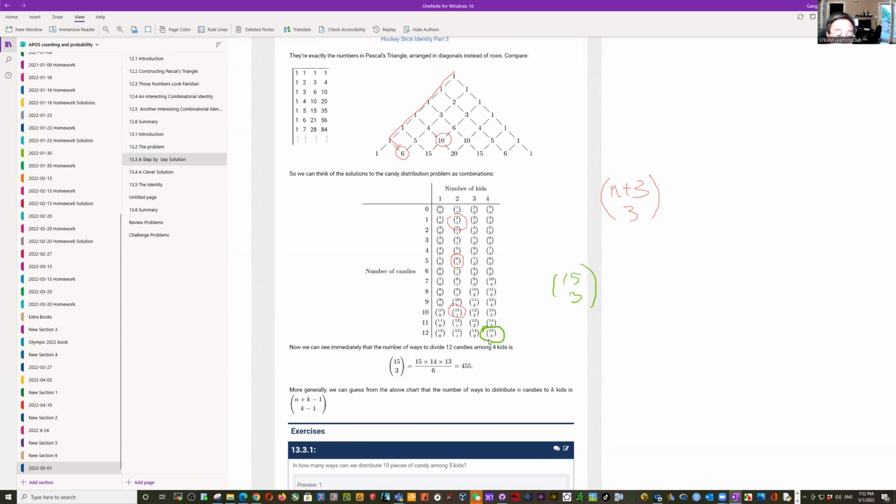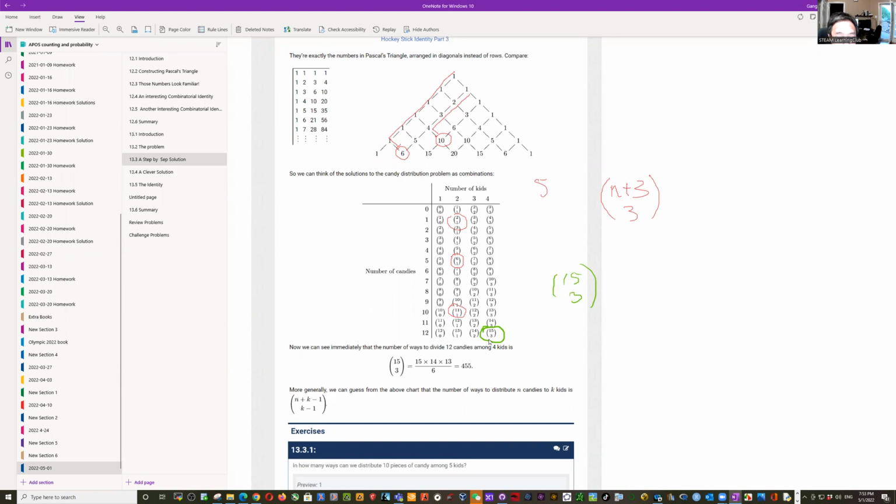For 3 kids, if you break down the problem into a 2 kid case, giving the first kid 0, that's 4. Giving the first kid 1 candy, that's 3. So basically, it follows this stick, and you can build this up. If you build up to 5 kids, it just follows.